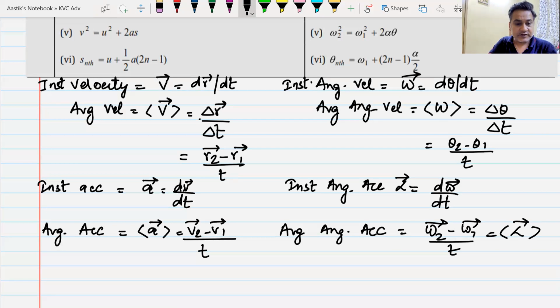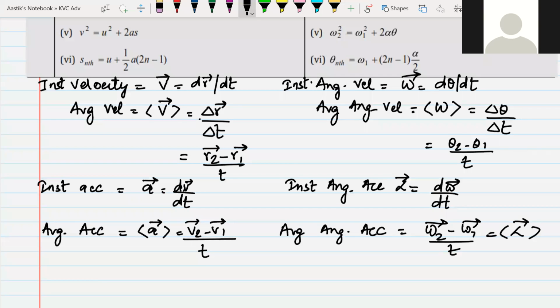Give you 2 minutes to note them down. Have you noted it down?